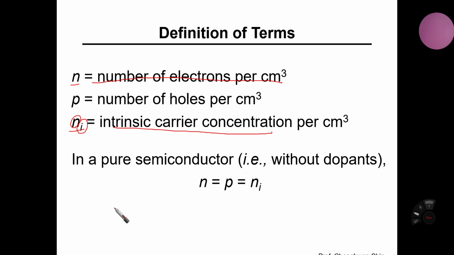So here n sub i is up to 10 to the 10. That indicates the number of electrons per cubic centimeter. And again, because electrons and holes are created in pairs, the hole concentration should be equal to the electron concentration. And that is equal to 10 to the 10 because it is a pure semiconductor material.